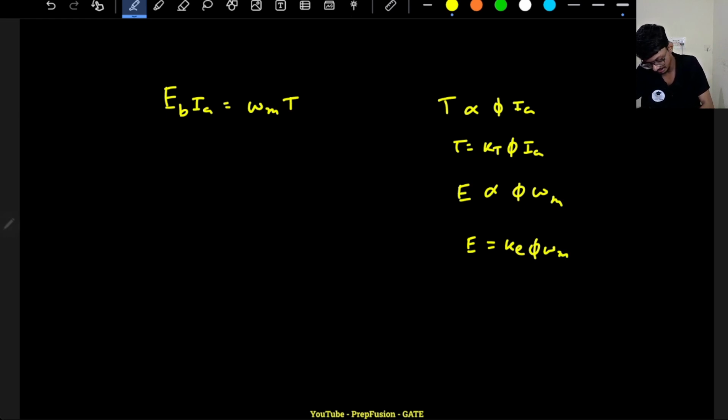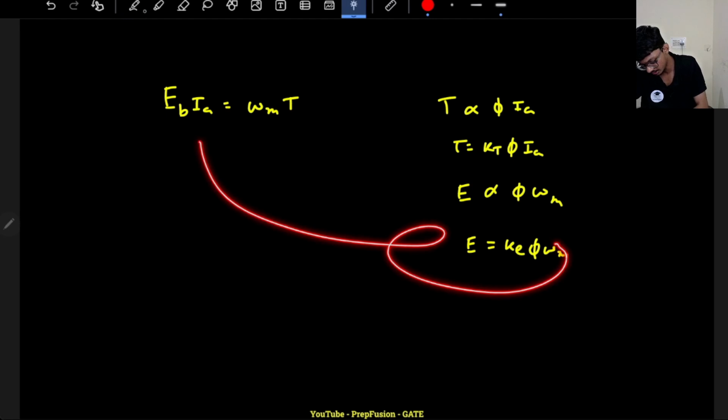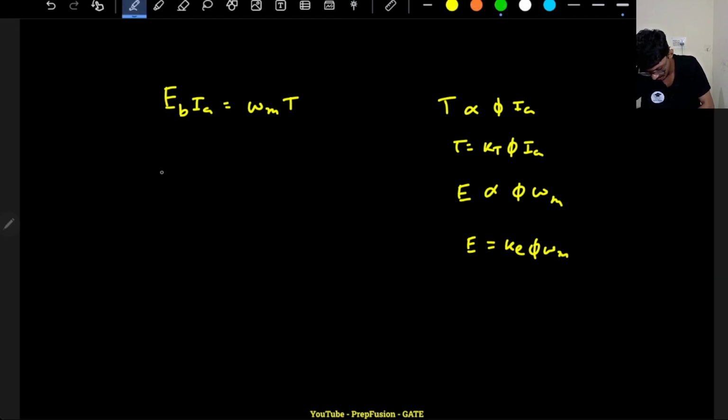So I will replace here, because I want to come to a fundamental conclusion. If I replace EB with Ke phi omega m into IA, and on the right hand side, omega m into torque, with torque replaced by Kt into phi into Ia.